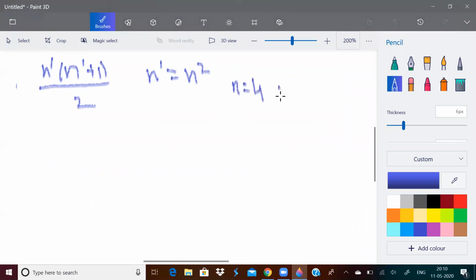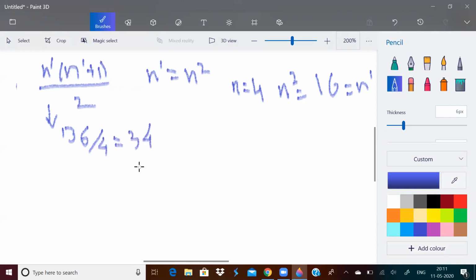If n equal to 4, n square is equal to 16, which is equal to n dash. If you put it in the formula over here, this will give the answer as 136. The total number of candies are 136. The number of brothers are 4. So each brother should get 136 by 4, which is 34 candies.